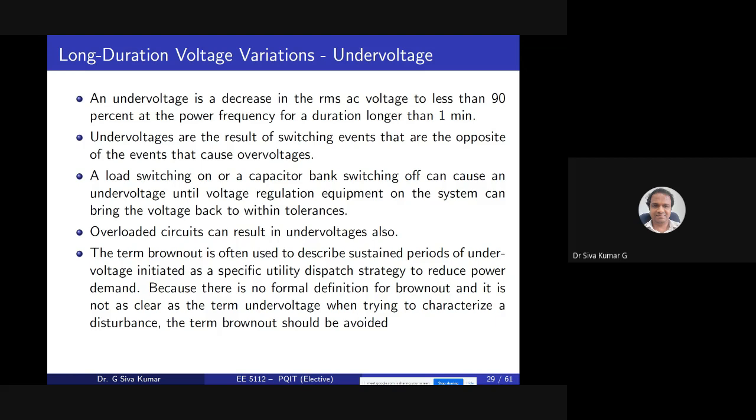It's a kind of load sharing mechanism. Because there is no formal definition of brownout and it is not as clear as the term undervoltage when trying to characterize the disturbances, the term brownout should be avoided also.